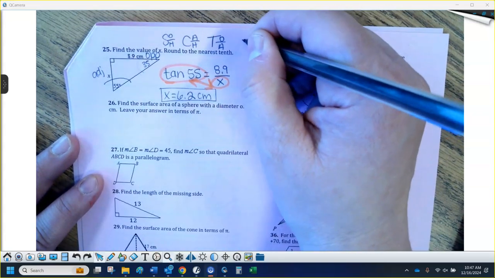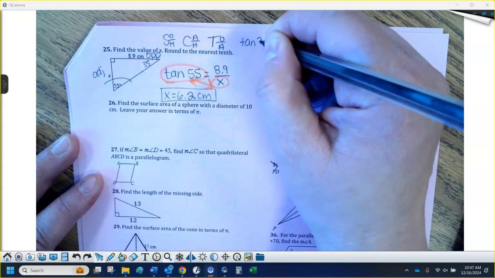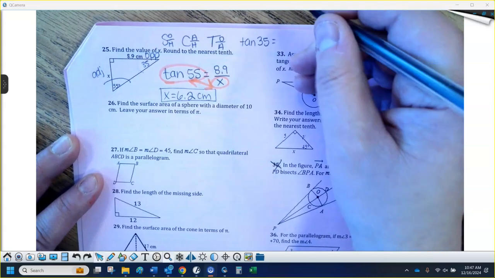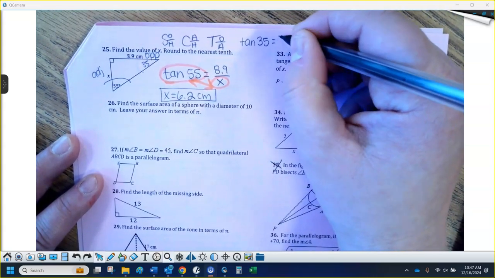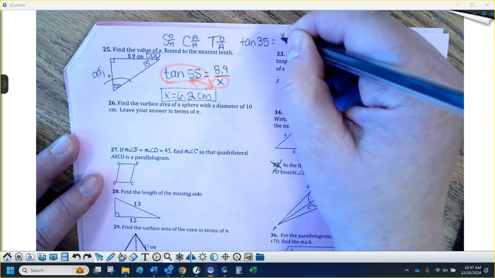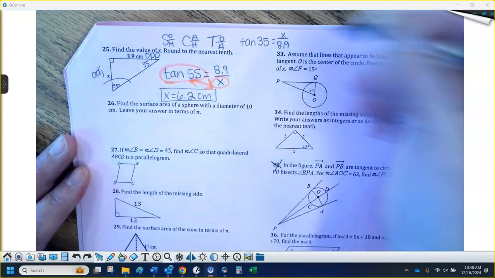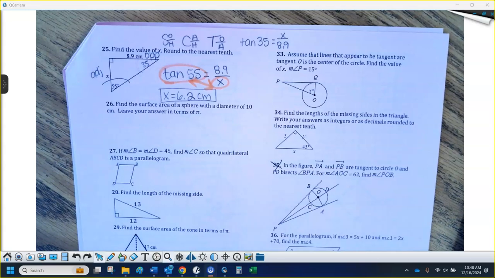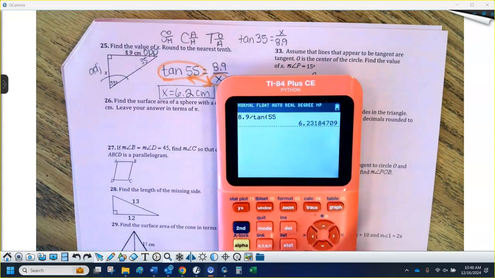So another way I could set up that problem, which I'm not asking you to do, I could do tan 35 equals x over 8.9. So in that case, what you would do is you'd multiply both sides by the 8.9 just to get it away. And I'll just show it's the same thing. So if I did tan 35 multiply by 8.9, I get the exact same thing. And you could do that if you wanted to.